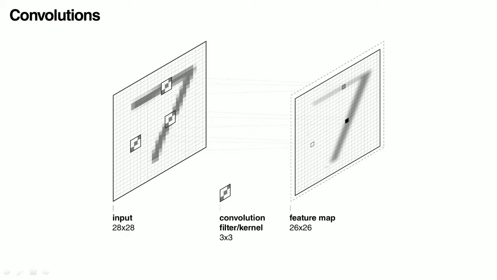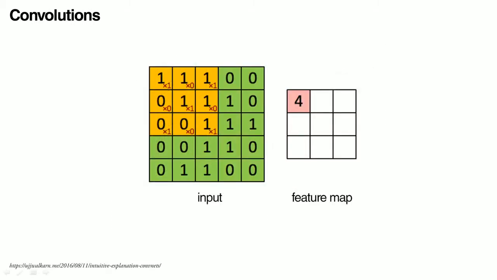And eventually the feature map will look something like that, where you have a specific feature, the diagonal in this case, that is highly accentuated. And so under the hood, what is really happening is very simple element-wise multiplications that look like that. So you have your filter in yellow, the weights of the filter are in red.